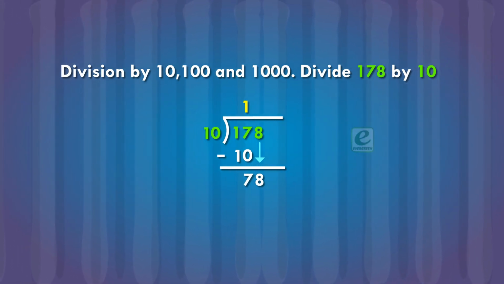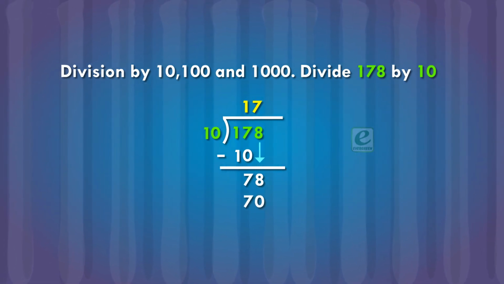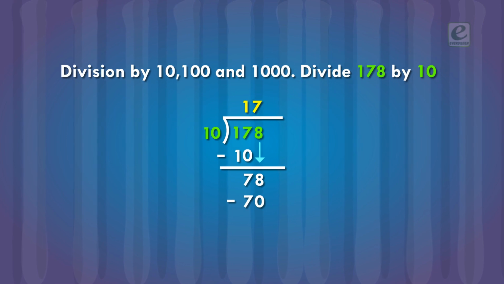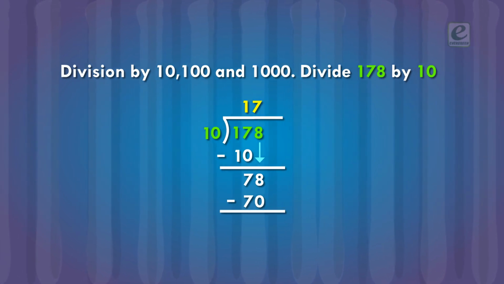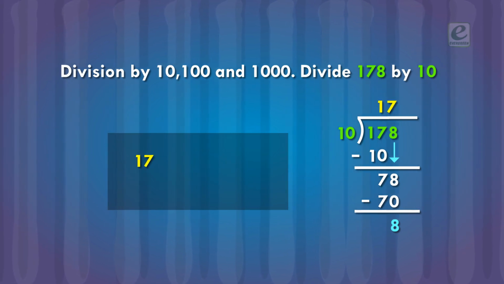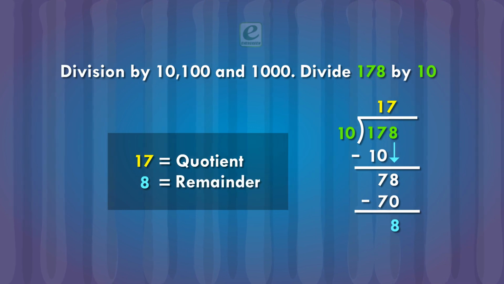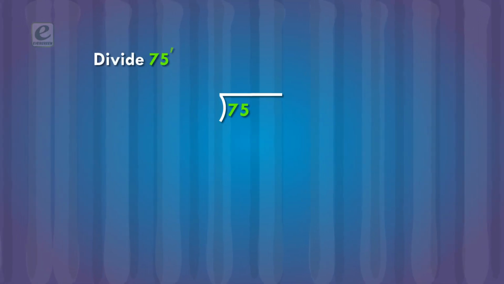It becomes 78. 10 sevens are 70. 78 minus 70 is equal to 8. So, we get 17 as the quotient and 8 as the remainder.